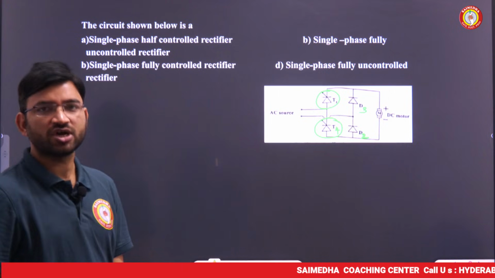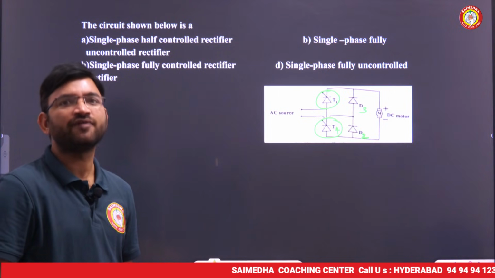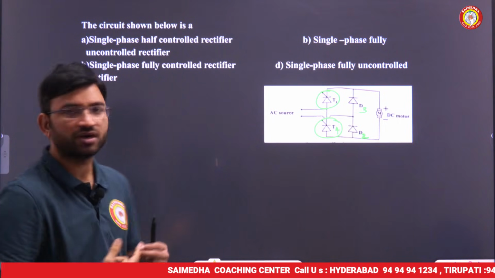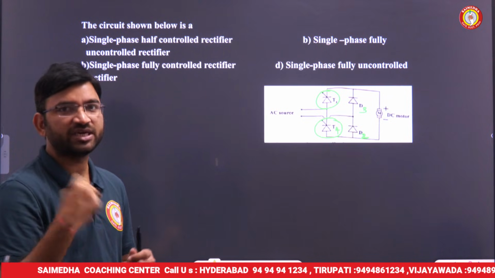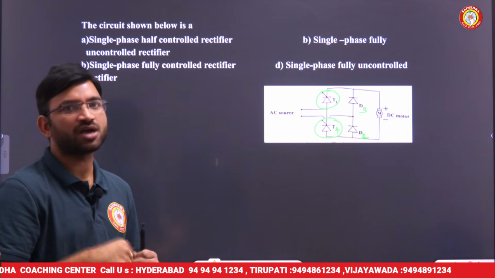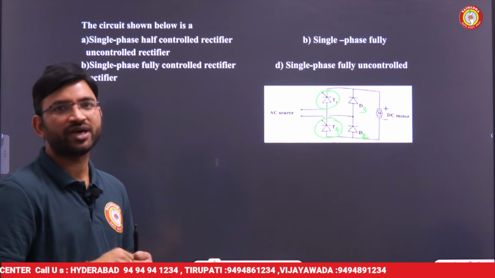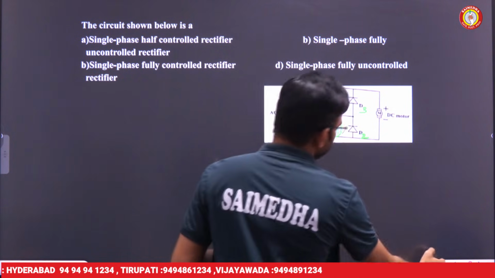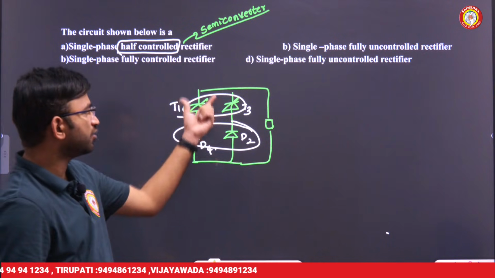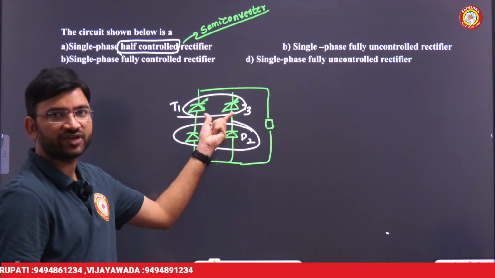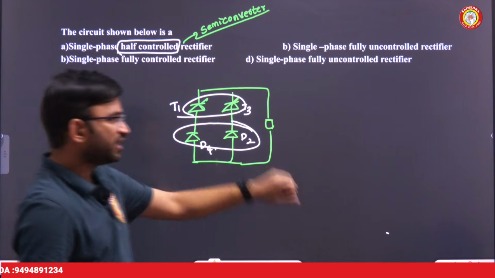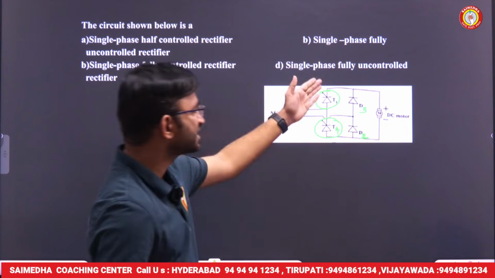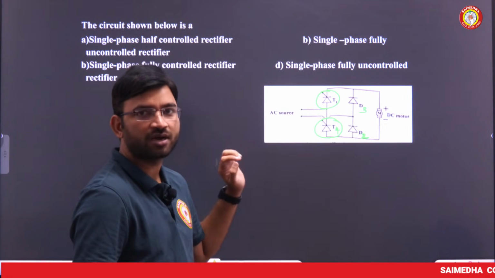A half controlled converter can be connected in three ways: symmetrical configuration, asymmetrical configuration, and full wave rectifier with freewheeling diode. The previous one I drew is the symmetrical configuration, because two SCRs are connected at the same terminal. But in this case, two SCRs are connected in a single pole. This is called the asymmetrical configuration.